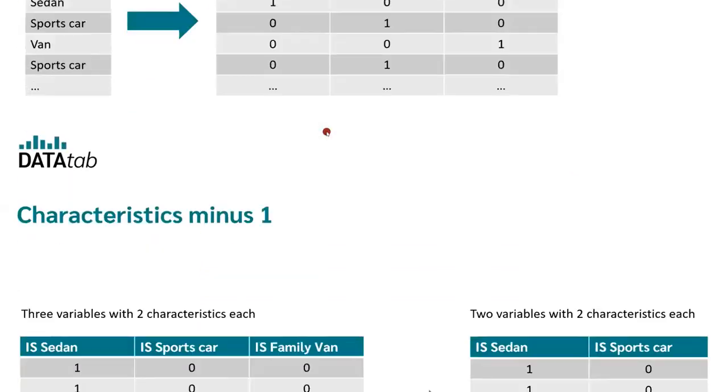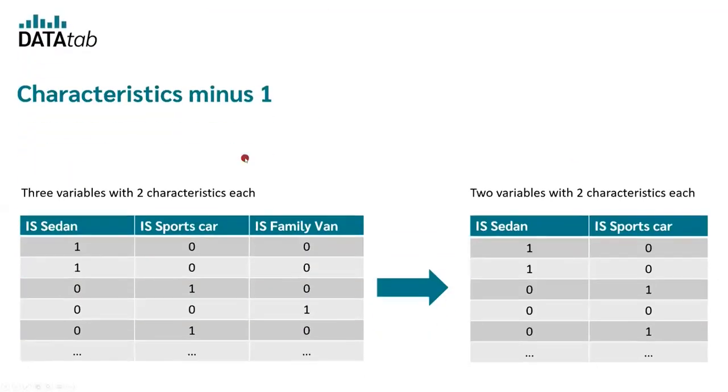Now there's only one important thing to note. The number of dummy variables is always the number of characteristics minus 1. Why is that the case? If we know that it is a sedan, we are sure that it's not a family van. If we know that it is a sports car, we can also be sure that it's not a family van.